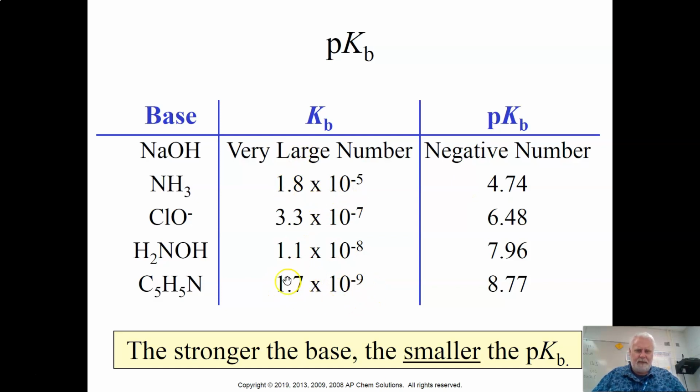Here you have a really small Kb and corresponds to a larger pKb. Okay, so you can see same thing as the Ka and pKa. They're opposite. As you get smaller, that means not a very strong base, and you will have a larger pKb value.